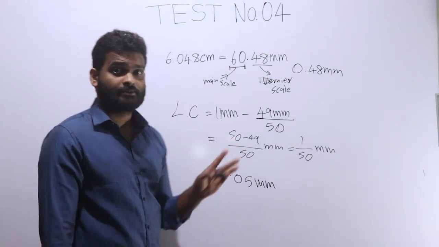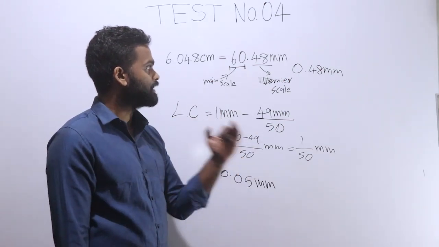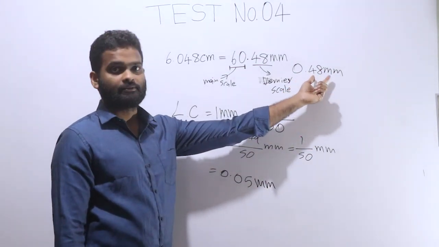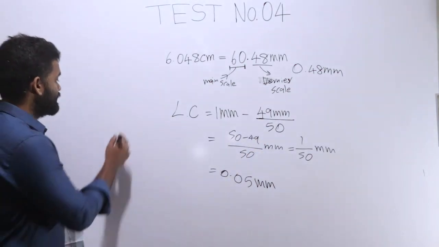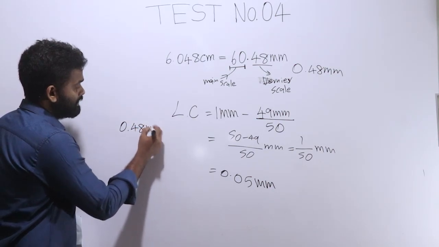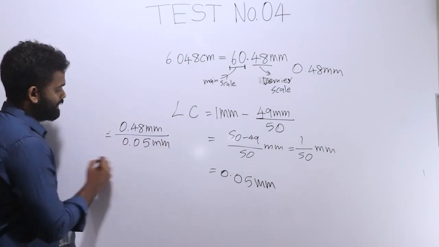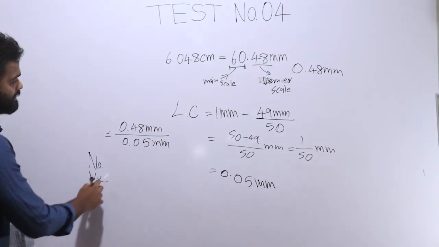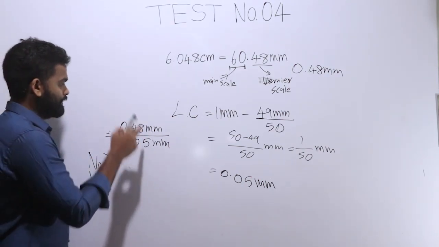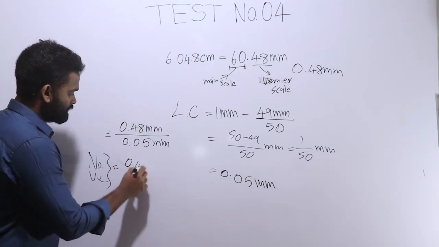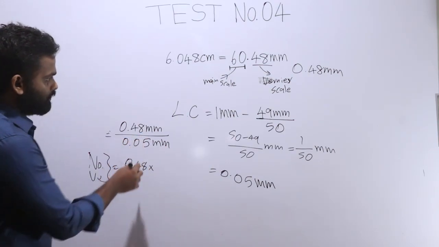But this is not what they ask. What they ask is the number of vernier scale parts that make this length 0.48 millimeters. To find that, you just have to divide the 0.48 millimeter length by the least count, which is 1 over 50.